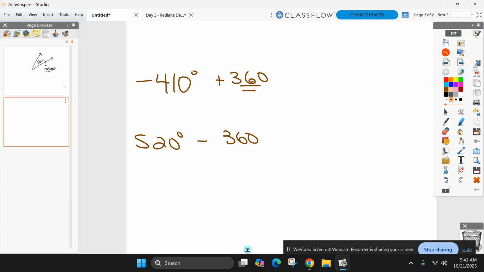So what I need you to find out for me before we start this next problem is what is 360 in radians? 360 degrees is the same as what in radians?